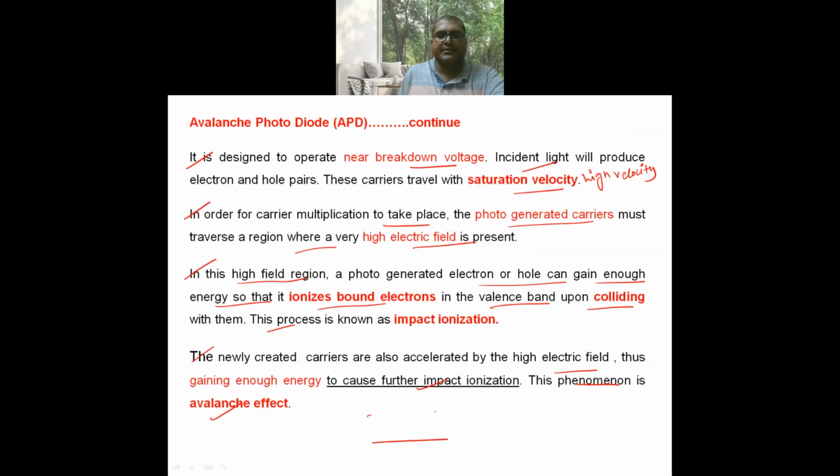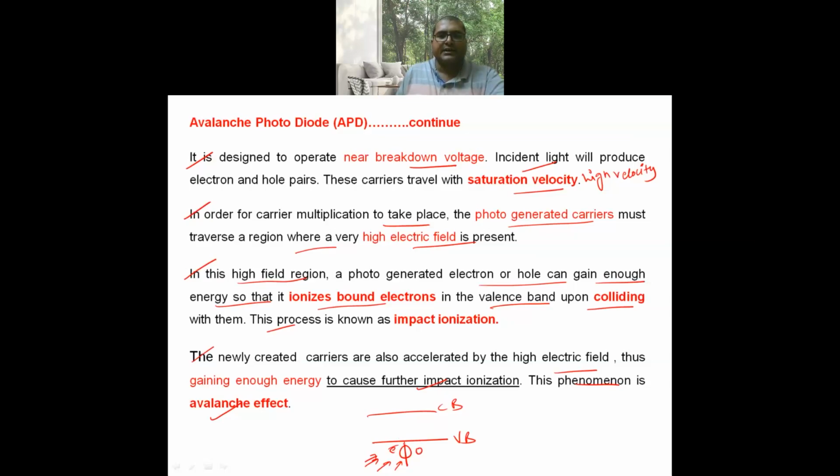Here it is the valence band, and this is the conduction band. The diode is already reverse biased slightly below the breakdown voltage, and with the application of photon energy, it breaks the covalent bond and generates electron hole pairs.